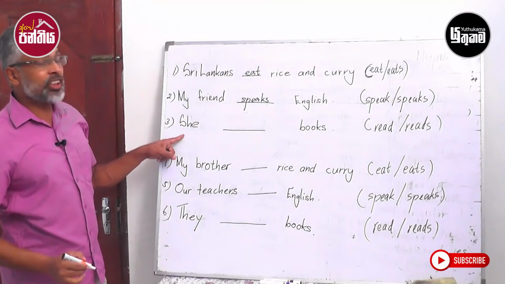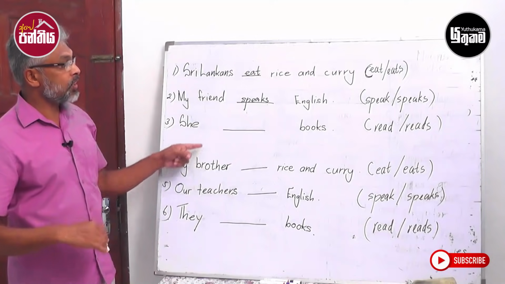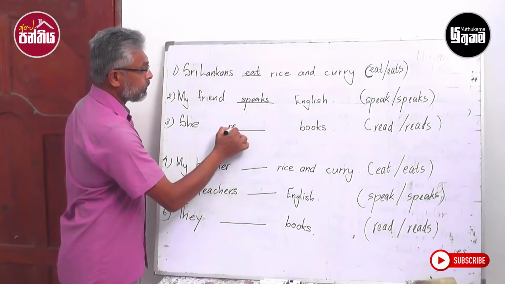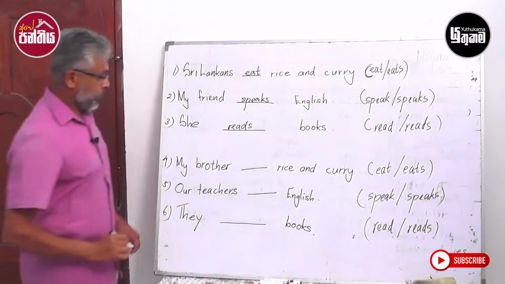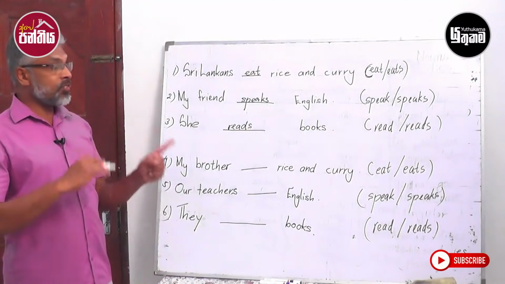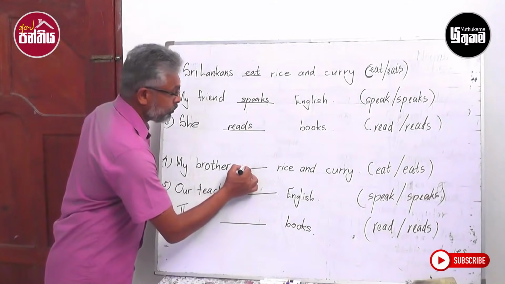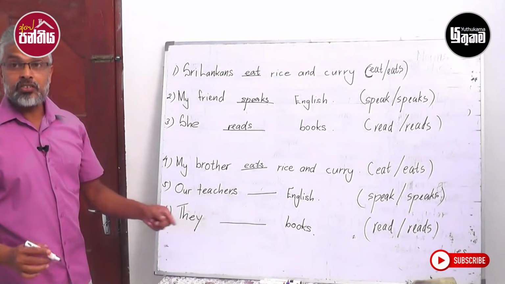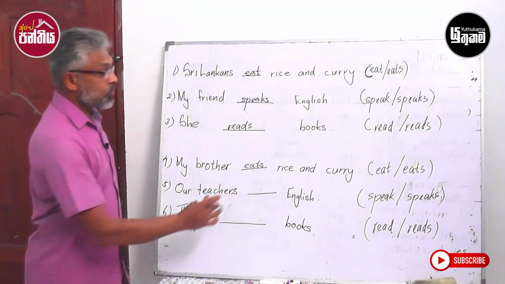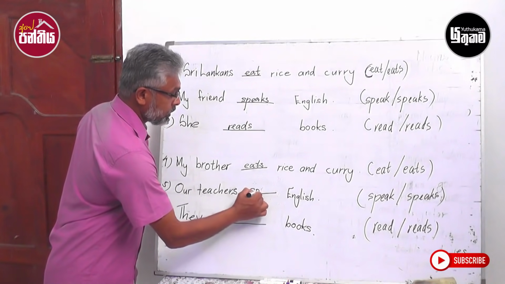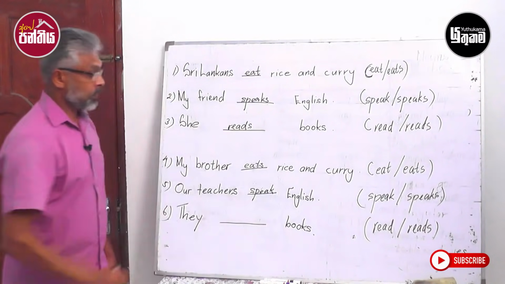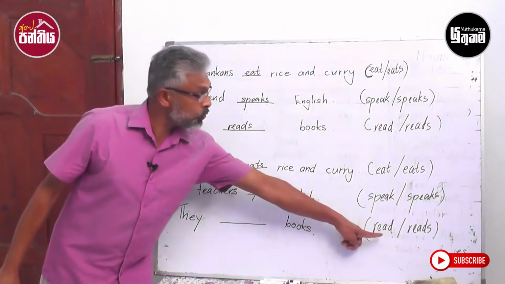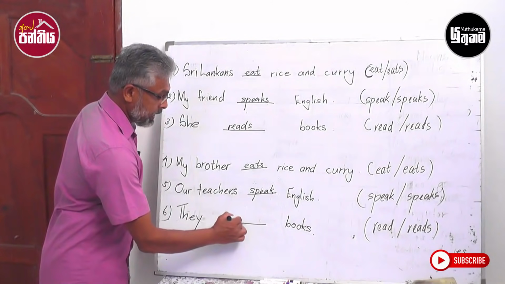And the third one, she, again singular subject, so you need to use reads. My brother, again singular subject, so you are using eats here. Our teachers, plural subject, so you need to use speak. They, again plural subject, you need to use this verb read.